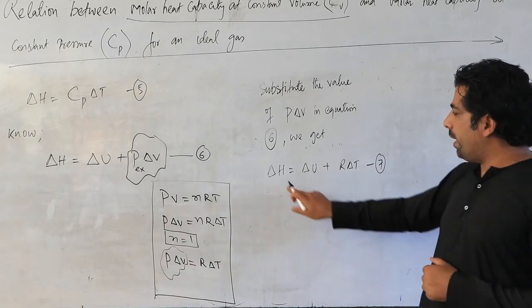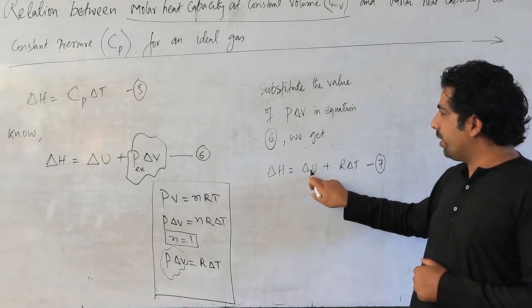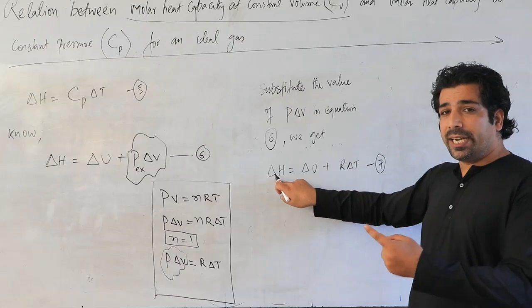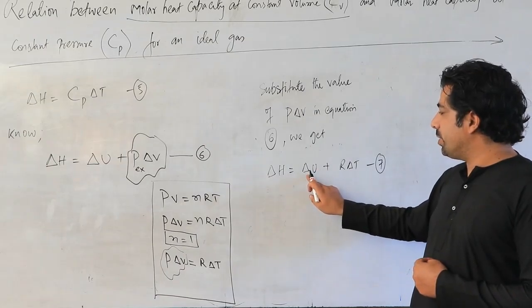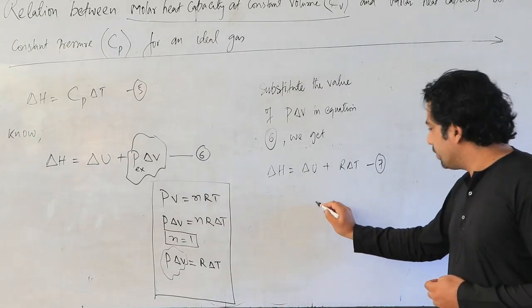Now we also know the value of delta H and delta U. We have already derived the value of enthalpy change and the value of internal energy change. Yes or no? We know these values.